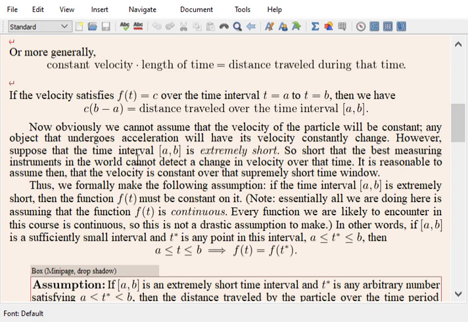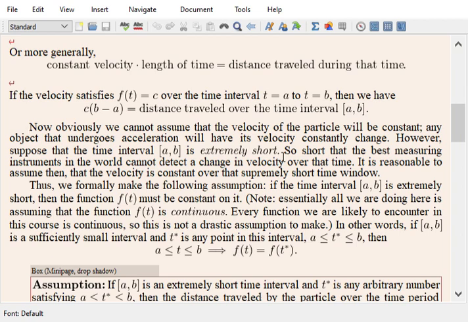Let's suppose that the time interval over which we are observing the particle is extremely short. So short, in fact, that the best measuring instruments in the world can't detect a change in velocity over that time. Well, it's reasonable to assume then that over this extremely short time window, the velocity is in fact constant.